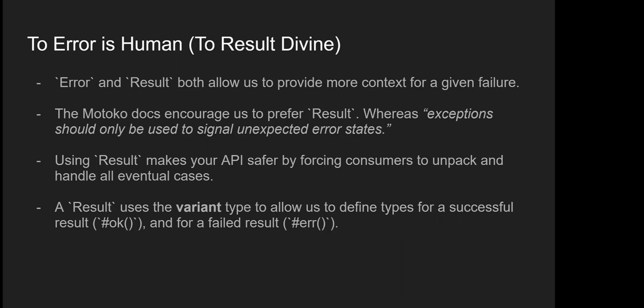And the result module basically allows us to provide two different variants in response. We can say this method was successful and here's the outcome, or this method was not successful and here is why.